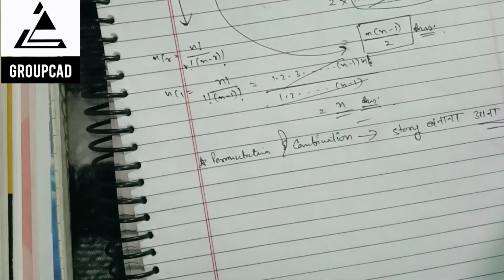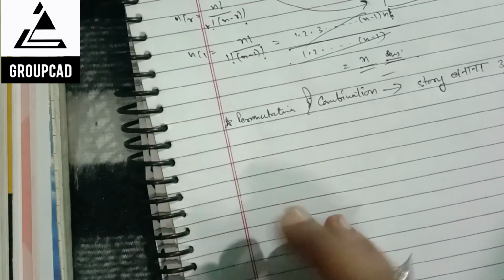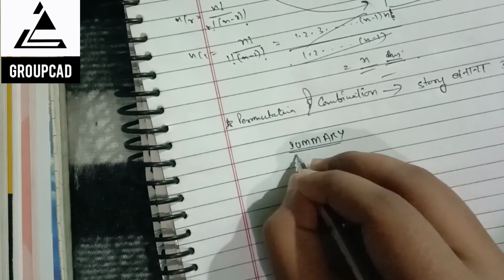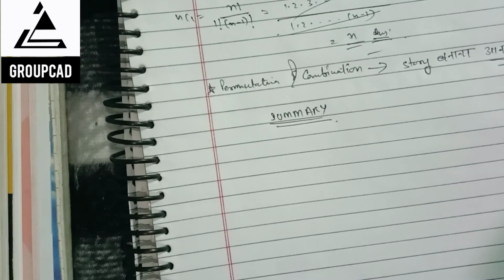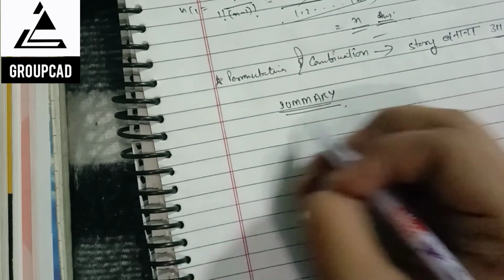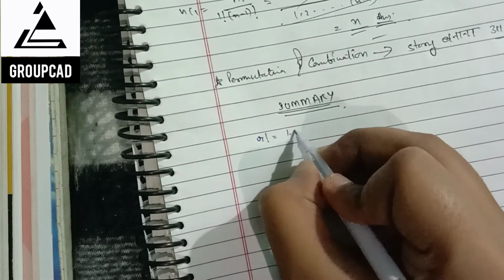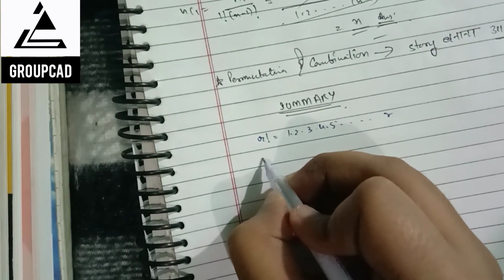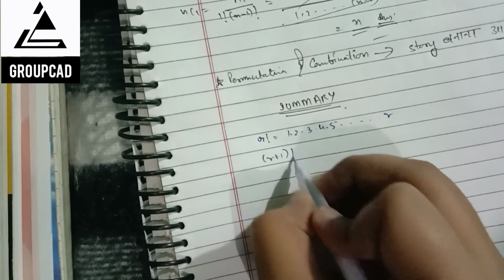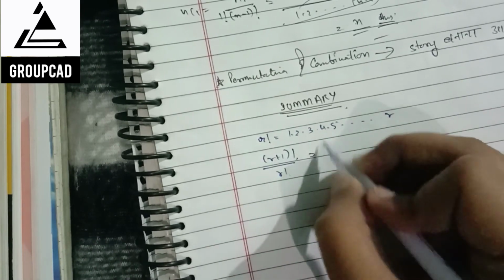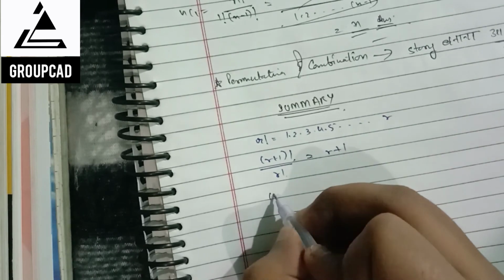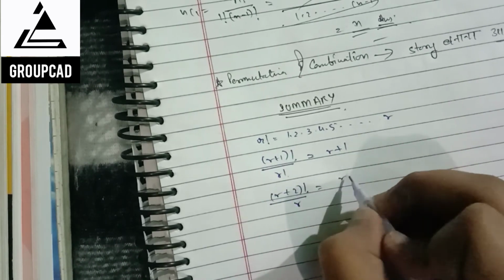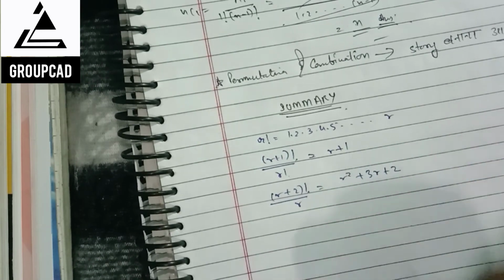Okay, so if we summarize, write the summary now. What we have done till now is: r factorial is 1 into 2 into 3 into 4 into 5 up to r, and (r plus 1) factorial upon r factorial is r plus 1. (r plus 2) factorial upon r factorial is r square plus 3r plus 2.